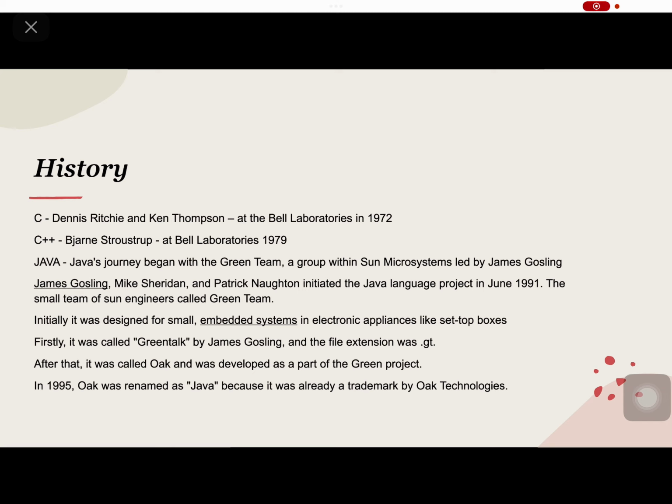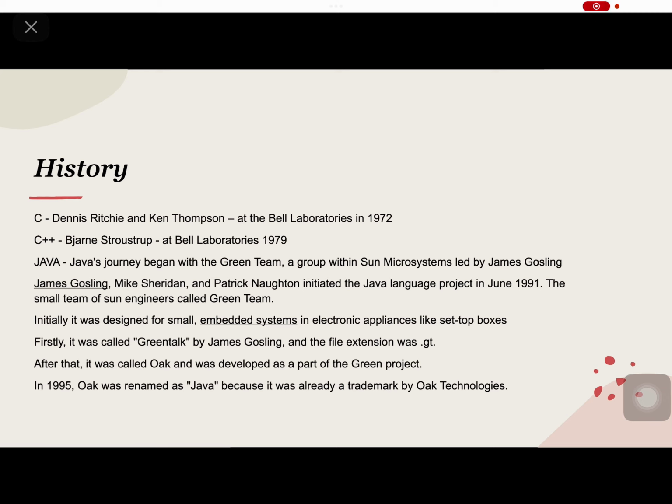Initially, this Java language was used in some electronic appliances like set-top boxes. Firstly, it was known as Greentalk by James Gosling, and the extension was .gt, but now it has been converted into .java.